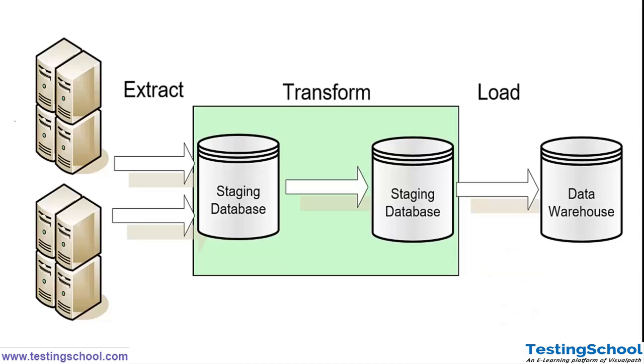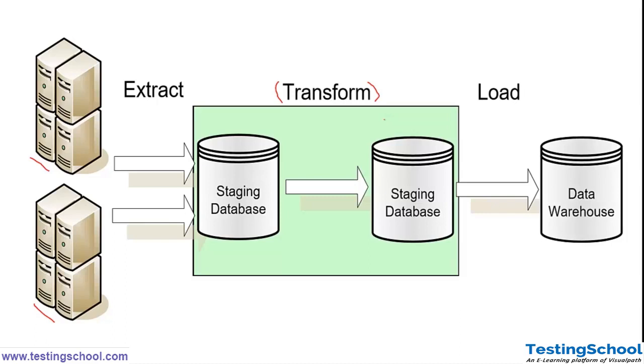So the data is extracted from different kinds of data sources, and it is then transformed using a series of transformation routines. When we say a series of transformation routines, it can be your business validations or data quality checks or any of your data scrubbing, cleansing, or any of the validations whichever are applicable for your source data to be stored in your data warehouse.